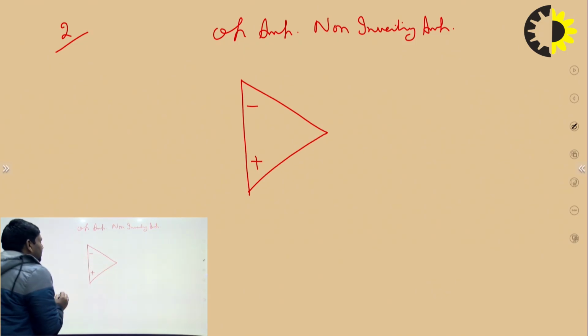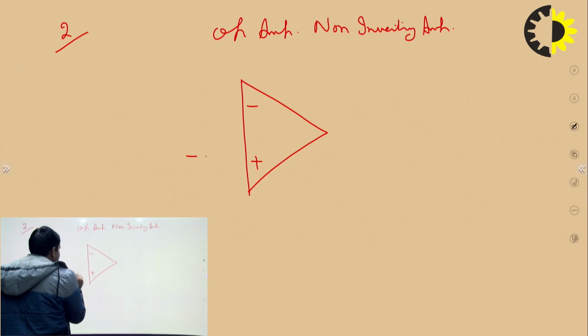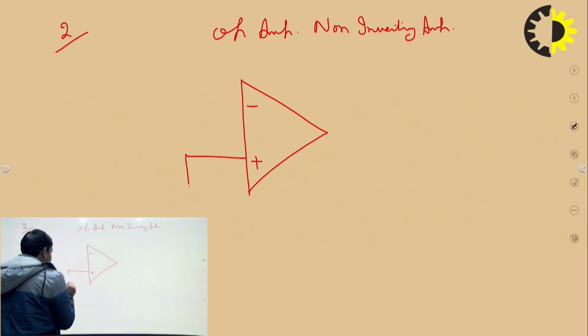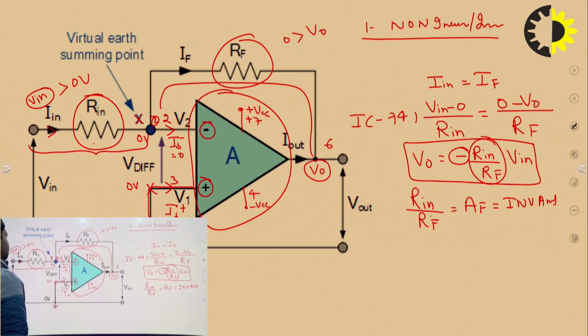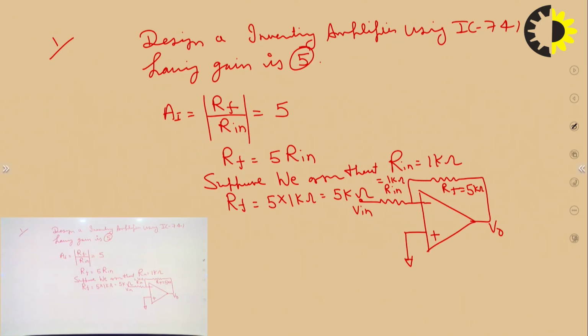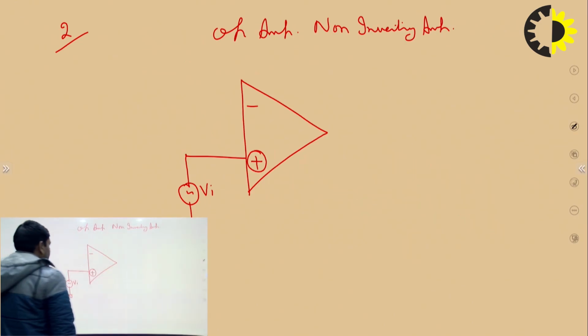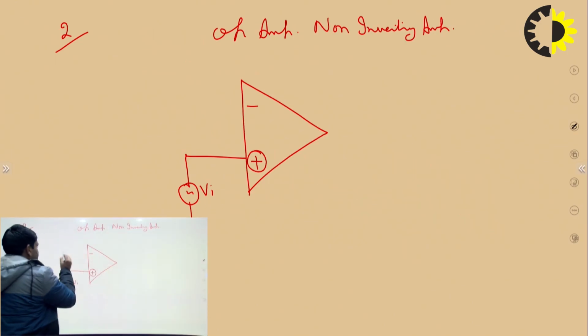If we apply a signal on the non-inverting terminal, we can say this is a non-inverting amplifier. In the previous case, if we connect the input to the inverting terminal, we say this is an inverting amplifier. By using the virtual ground condition, we will explain the meaning of this.